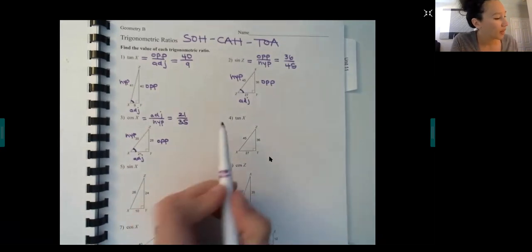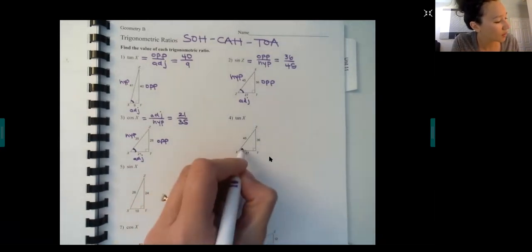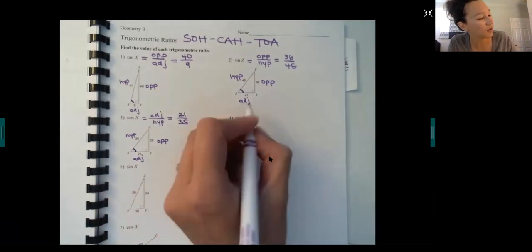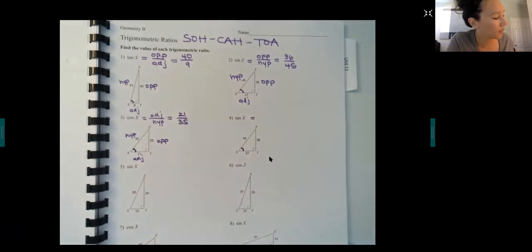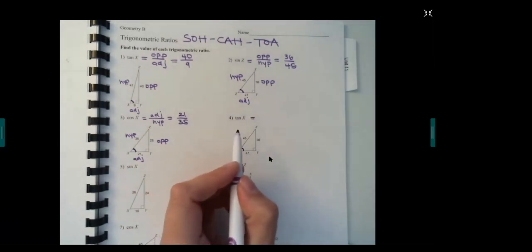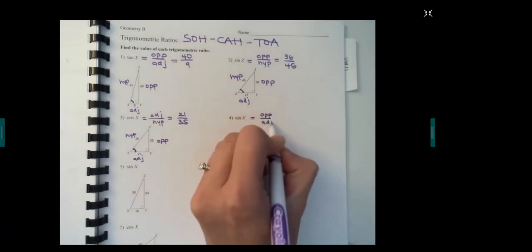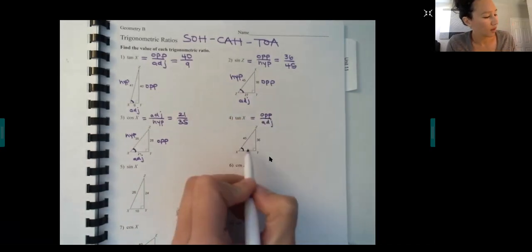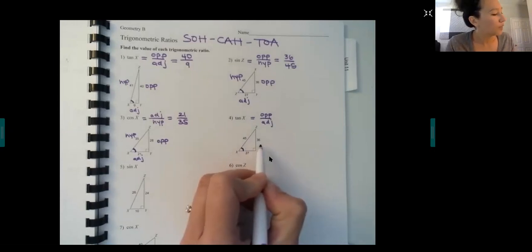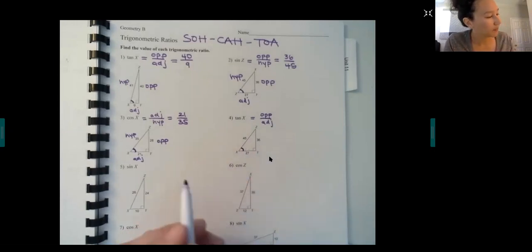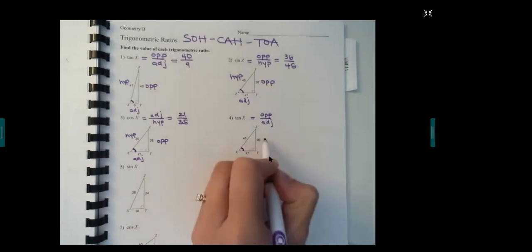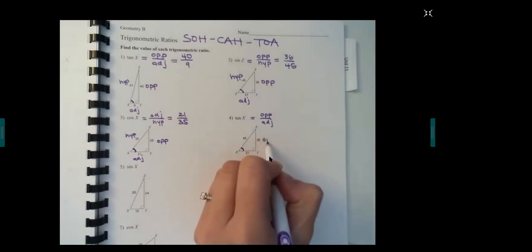Very good. And then number 4, we have tangent of X. So here is our reference angle. What's our ratio? Opposite divided by adjacent. Excellent. Which ones are opposite and which are adjacent? Opposite is 35. Yep.